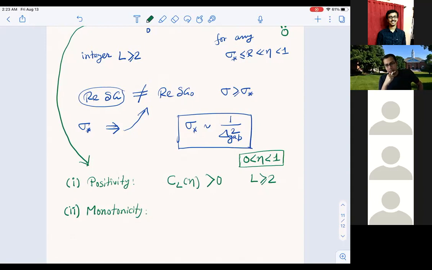No, it was derived for eta between 0 and 1. Eta was a free parameter throughout. It was derived for some specific region in the rho bar plane, and in terms of eta, it's from 0 to 1. I see. Okay.